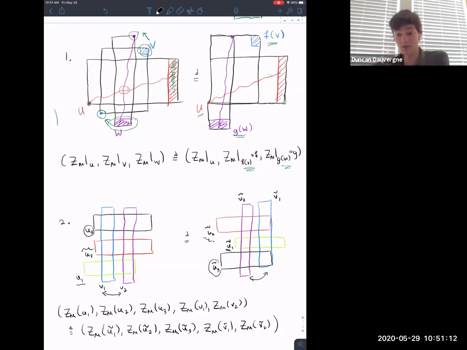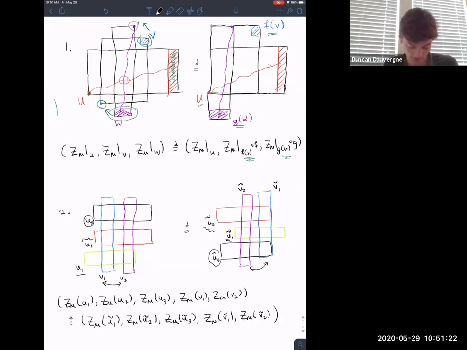But the important thing is the disjointness is kept, and the fact that the V's always cross the U boxes, that's kept as well. And so the statement you get is that the joint distribution Zm of U1 up to Zm of U3, Zm V1, Zm V2 is the same as the joint distribution when I shift these boxes around and possibly permute them. So those are 2 examples.